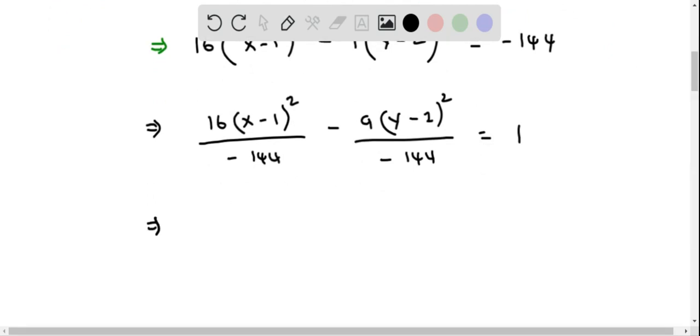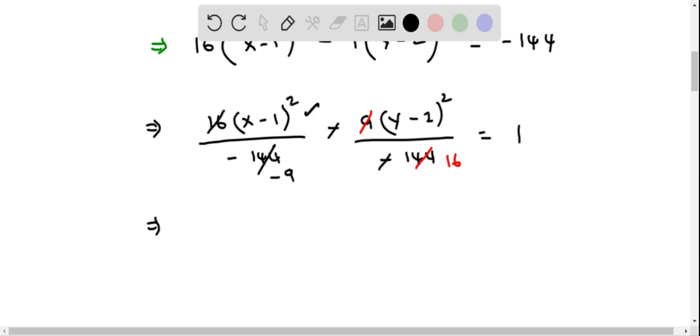Here we can do the cancellation, that is 144 goes into 16 as 9 times, but since this is negative 144, this goes negative 9 times. And similarly, we can cancel these two negatives, that is a negative number divided by a negative number is a positive number. We'll also do the cancellation over here, that is 144 goes into 9 as 16 times. So let's rewrite this.